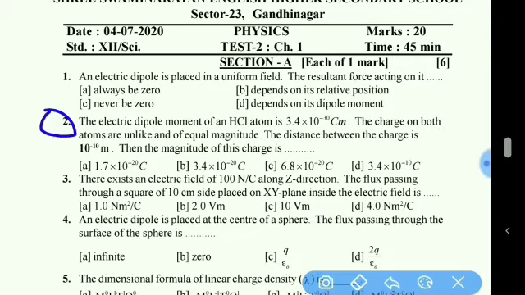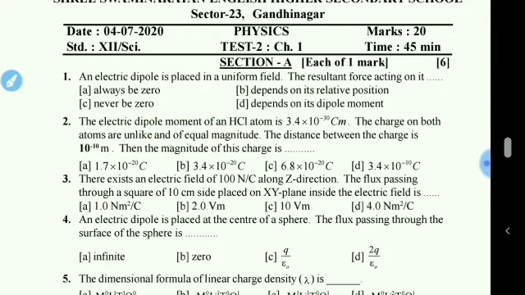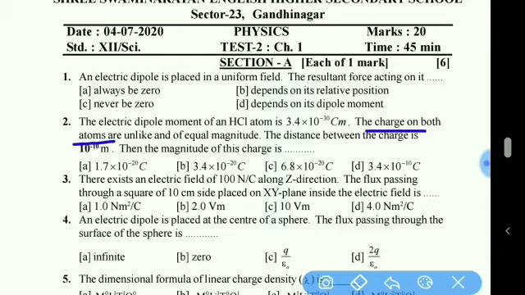in this example, the electric dipole moment of HCl is given, which is 3.4 into 10 raised to minus 30 coulomb meter. The charges on both the atoms are unlike and equal, meaning equal and opposite.